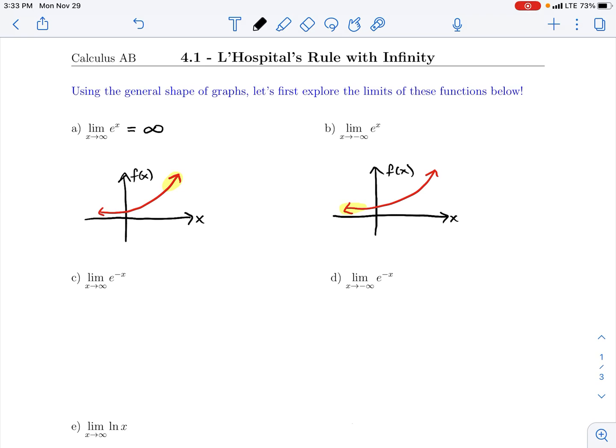Because you notice here that towards the left, the graph is getting closer and closer to the x-axis, right? So I want to know what's happening to the y values if it's approaching the x-axis. Well, the y values on the x-axis is 0, and so here I would say that I'm approaching 0.